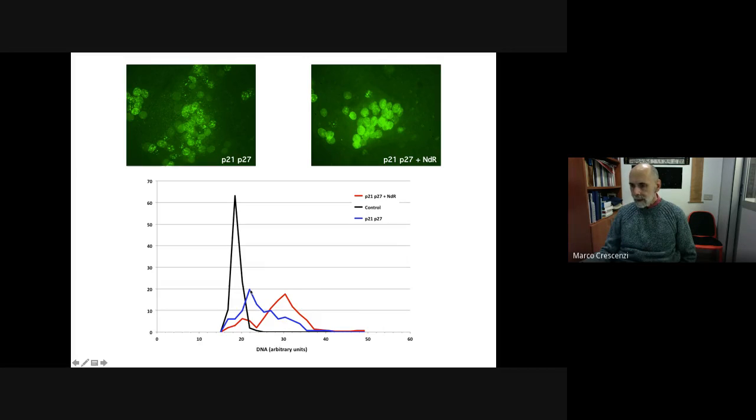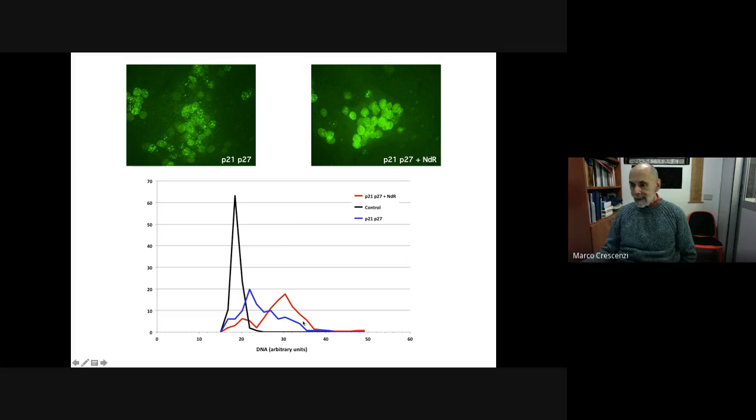DNA has been synthesized, but it's little more than naturally present in non-proliferating nuclei in myotubes. If we supplement the nucleotide pool, then the shift to the right is much more marked, much more evident. And the average content of DNA per nucleus is much larger, about 30.